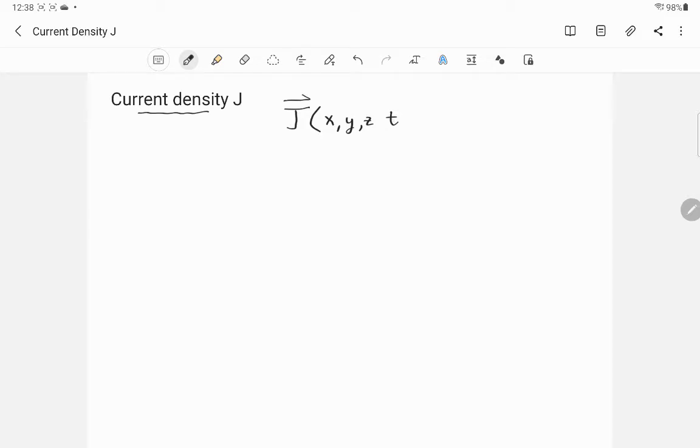But it is true, the current density can fluctuate, change in time. But for the purposes of this chapter, we're just going to consider the fact that J can vary over different locations in space.